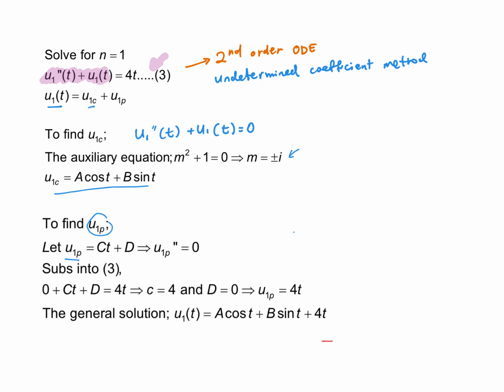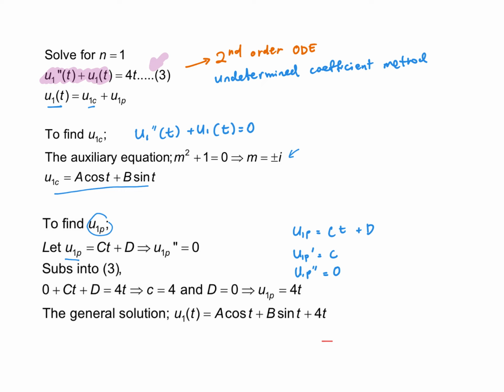Now we are going to differentiate with respect to t. So we will have u1p is equal to ct plus d, and then u1p prime will be equal to c, and u1p double prime will be equal to 0.